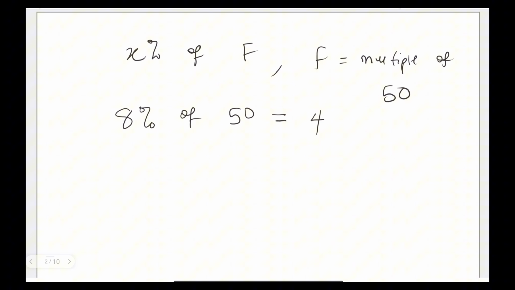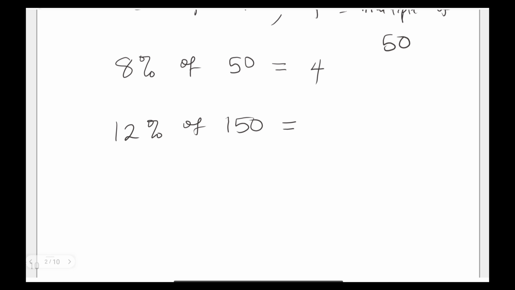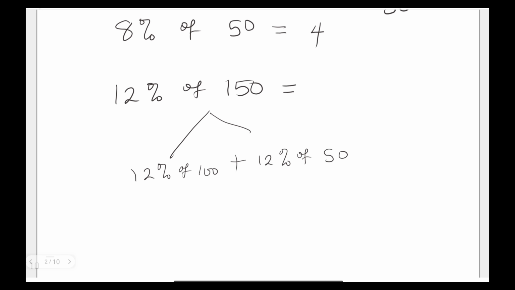So how about if I have 12% of 150? So what would that be? I'll break this up into 2. So I'm going to have 12% of 100 plus 12% of 50. So 12% of 100 is 12, as we said before, plus 12% of 50, which is half of 12, that will be 6.